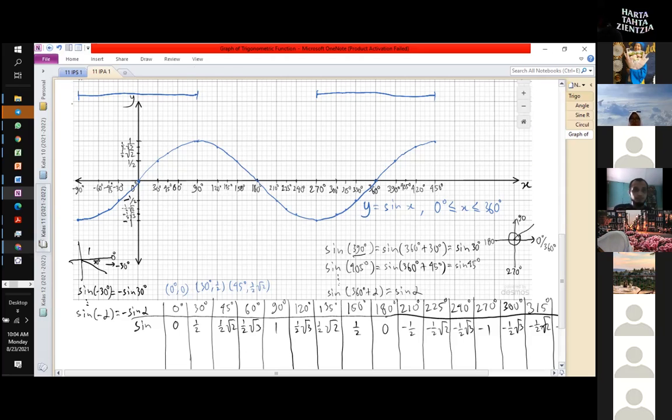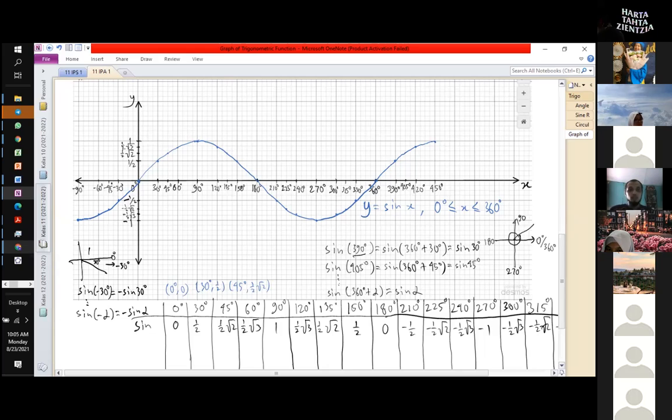I'll write down the properties later. For now, just try to understand. The first one, the shape is like a wave. The next one is periodic, which means that it will repeat.